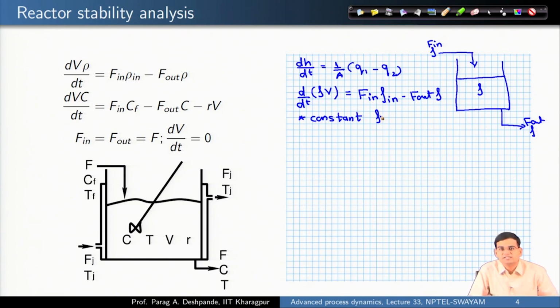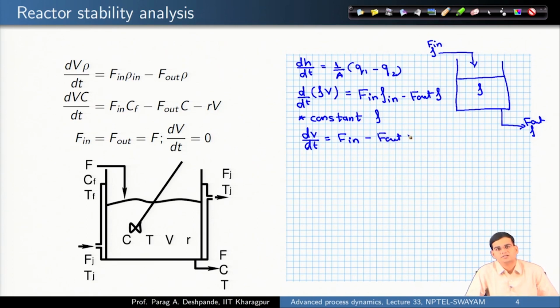When you assume that this does not happen, which means that you have a constant density, then under such a case I can simply write d V by dt is equal to F in minus F out.